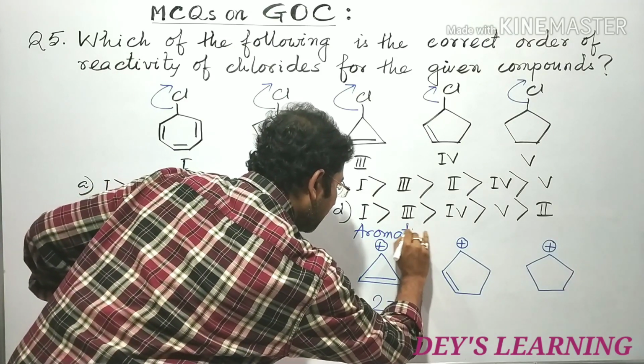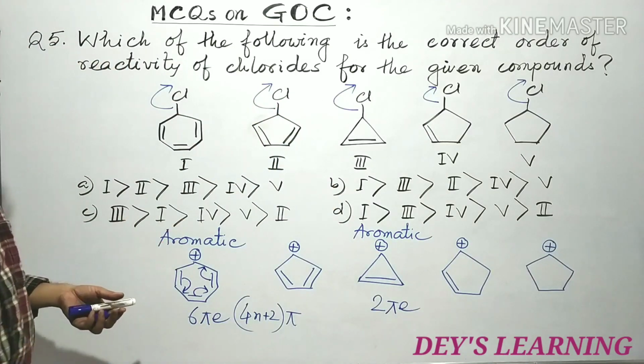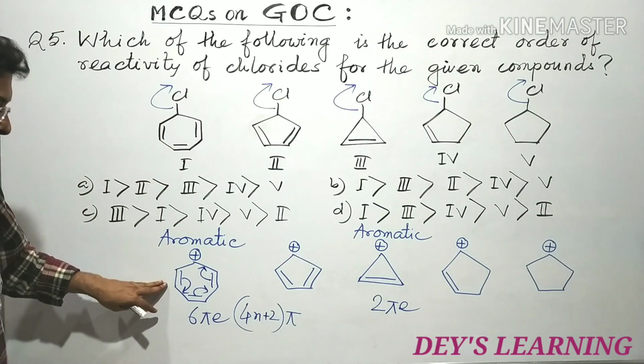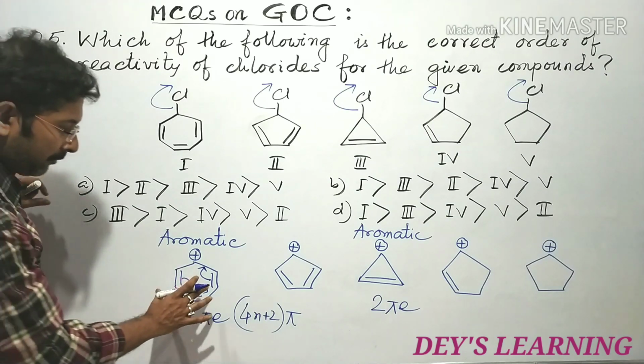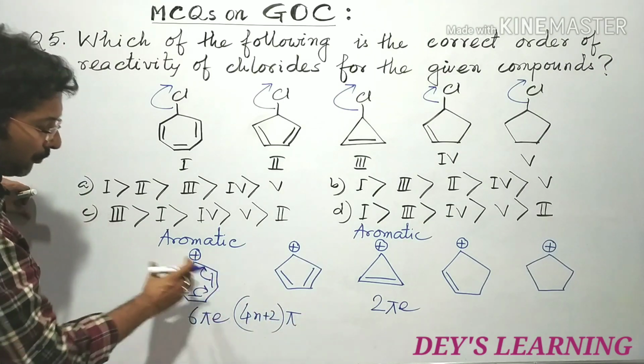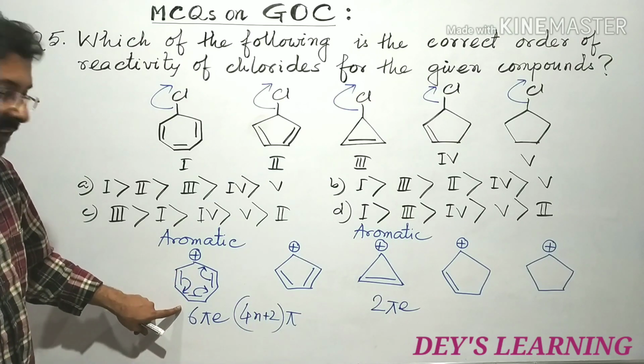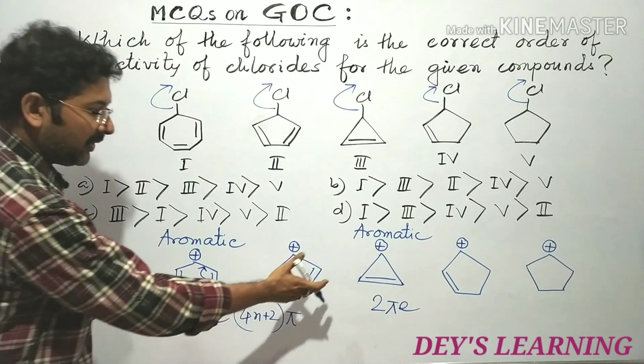So the stability of aromatic systems is definitely greater than the others. So this carbocation is the most stable, because between these two, this is more resonance stabilized. The resonance stabilization energy is greater in this compound than this one.